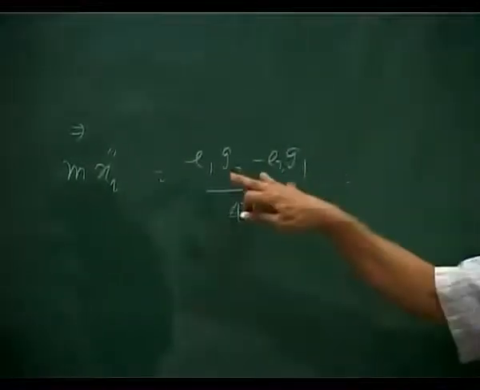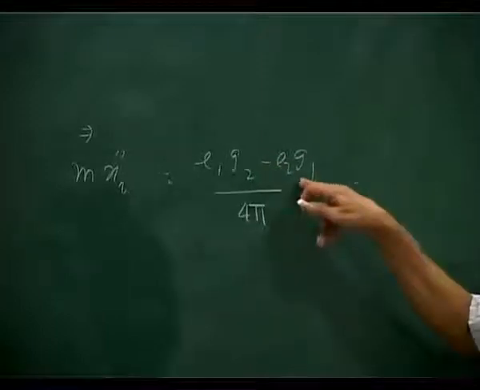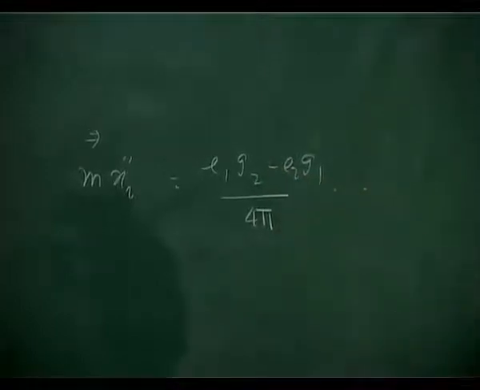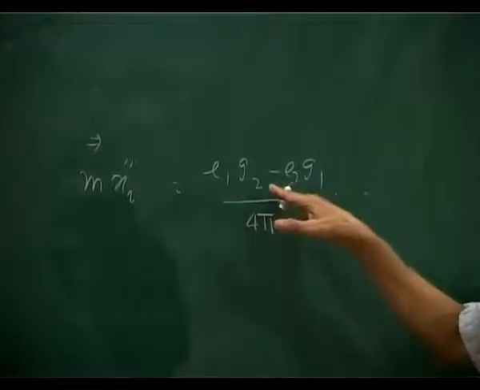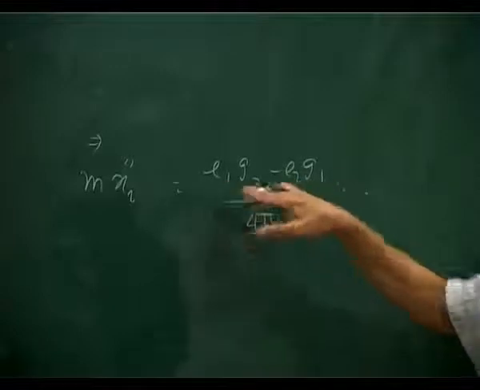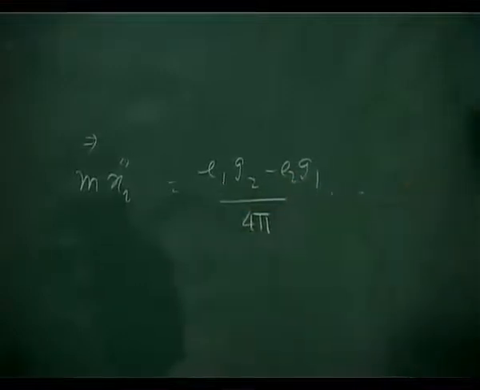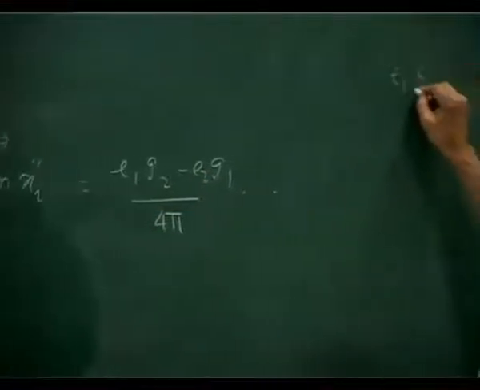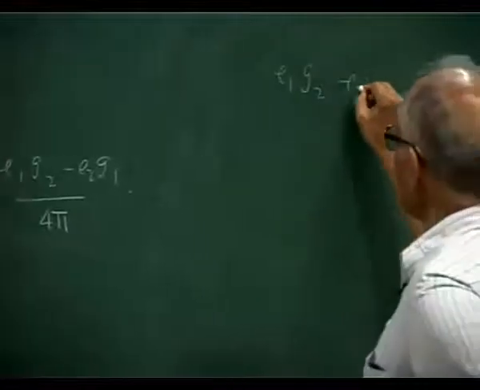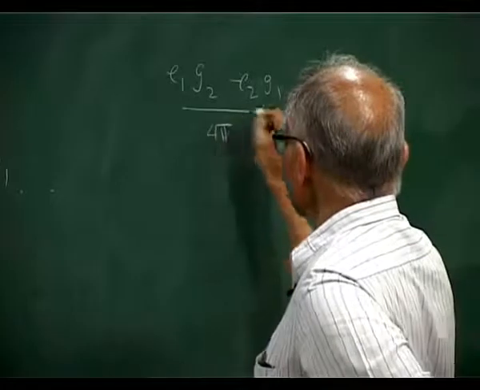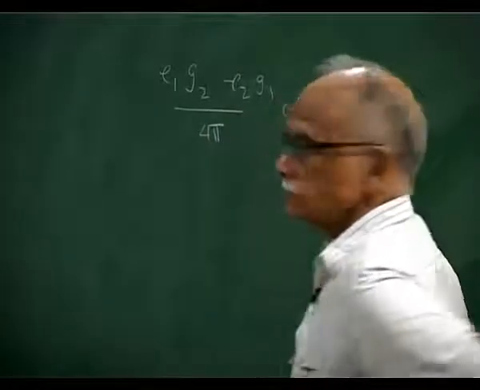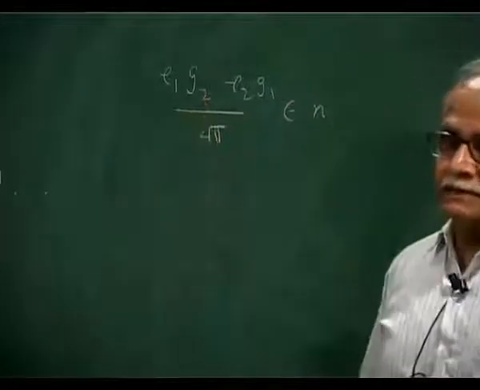This is an antisymmetric product of E1 G1 and E2 G2. In fact, it is a symplectic product of the two things, right? Epsilon I. So this is what you get: E1 G2 minus E2 G1 over 4 pi is going to be an integer, not E and G.